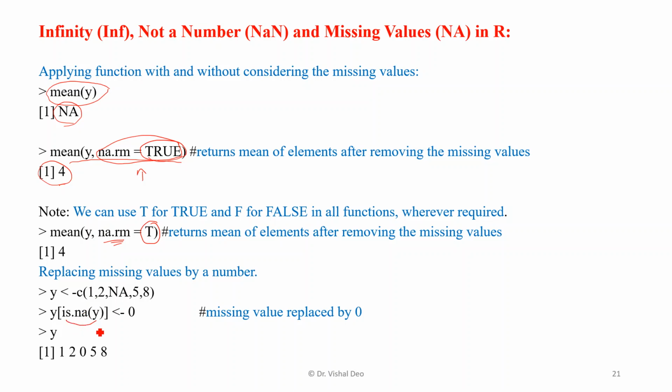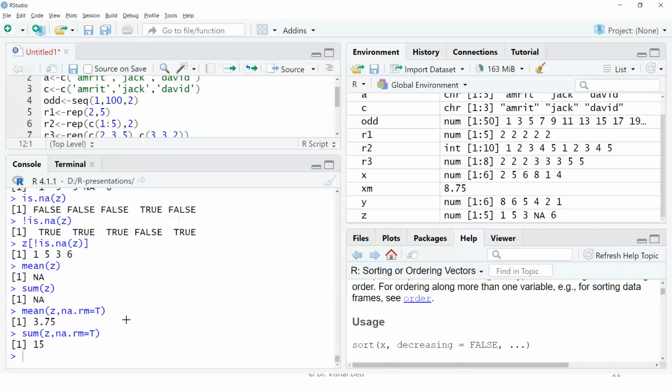We have seen that is.na returns true for places where there is a missing value. So all such indexes where missing is true, we want to assign the value 0.